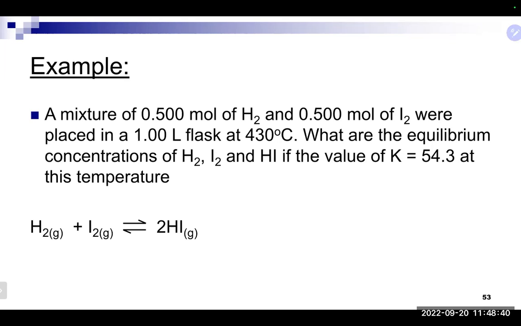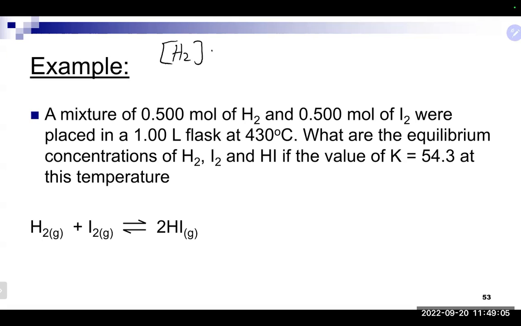Okay, let's take a peek here, see how we're doing. So obviously we have some moles given to us, we have the volume given to us. We could get the concentration of each of those, or the molarity. We have the equilibrium constant, and we're looking for our equilibrium concentrations. So first thing we'll do is convert those moles into molarity.